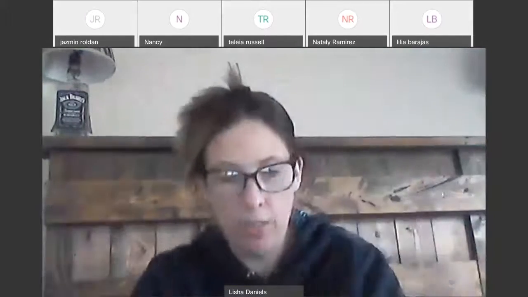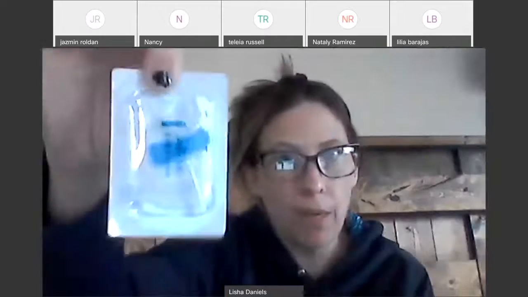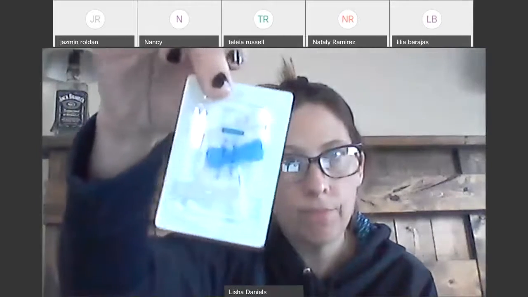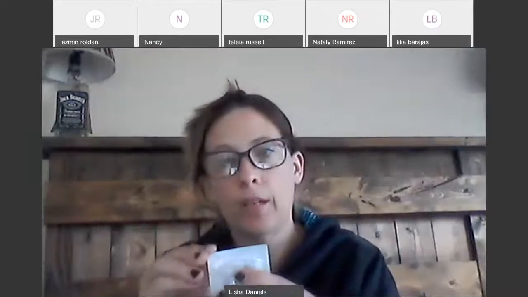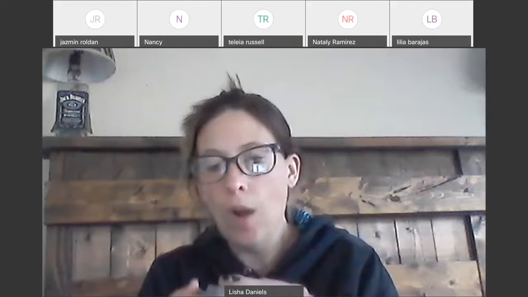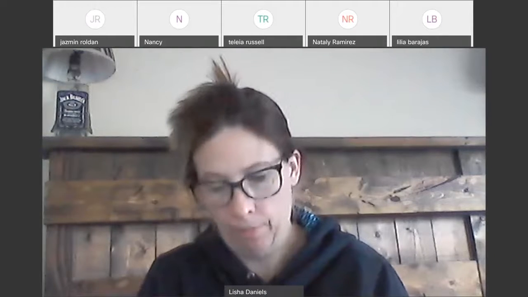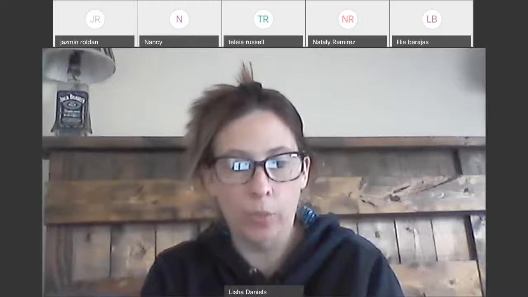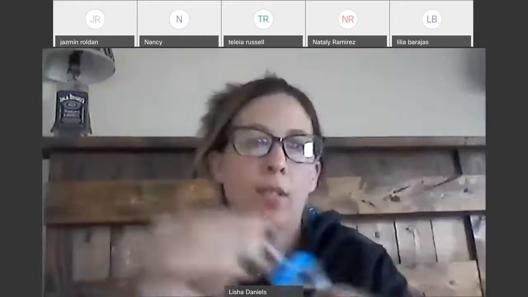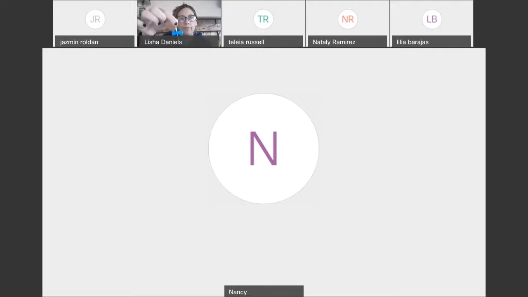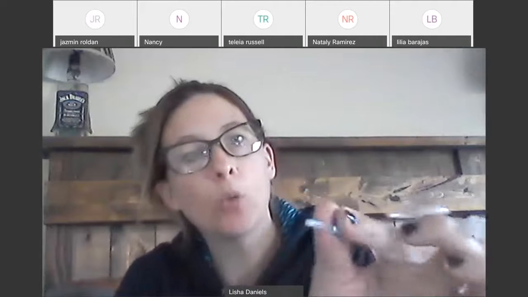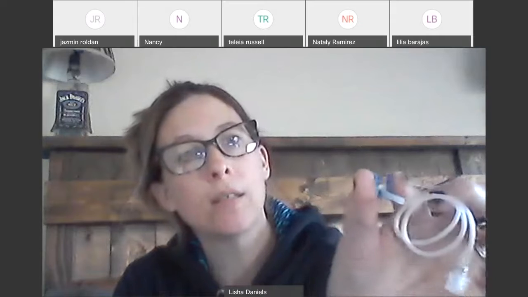So here's my syringe. This is my butterfly kit. Now, why is it called butterfly, do y'all think? Because it has the little wings. It's so cute and tiny. It looks like a little butterfly. And it's winged because when you hold it, you hold the wings like that.